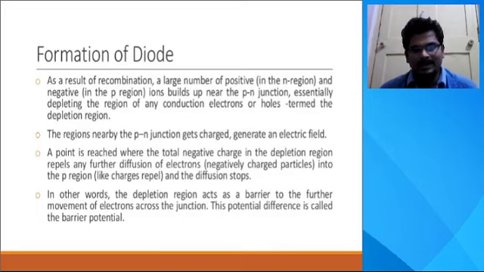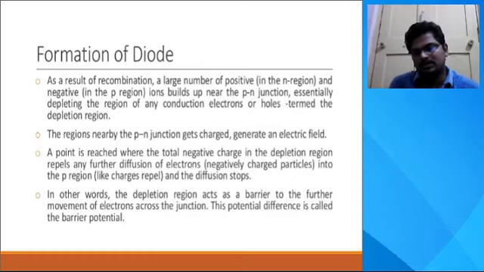A point is reached where the total negative charge in the depletion region repels any further diffusion of electrons into the P region, and the diffusion stops. Here, diffusion means the highly concentrated electrons or atoms move from the high concentration area to the low concentration area.